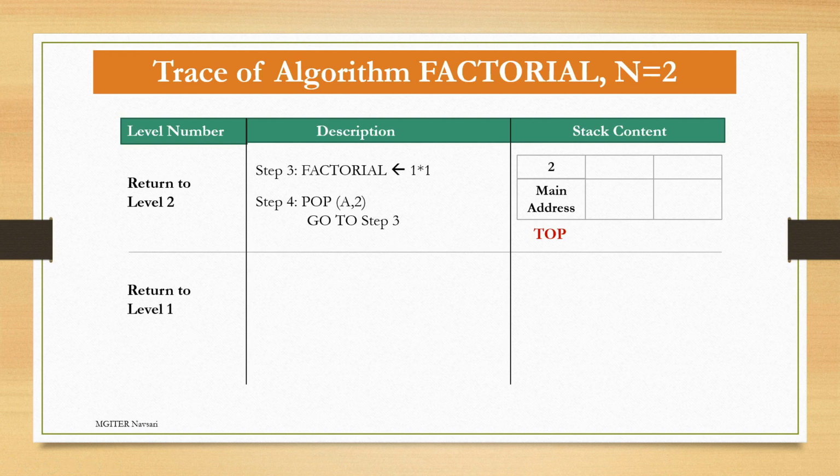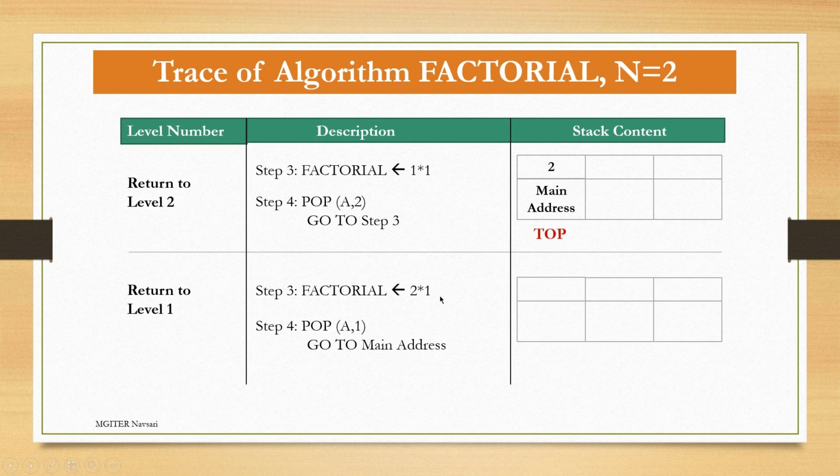So it is returning to level number 1. Again we are going to find the value of factorial in step 3, that is n into factorial. So here in level 1, the value of n is equal to 2. So 2 into 1, that is 2. Now we are going to pop the element from position 1.